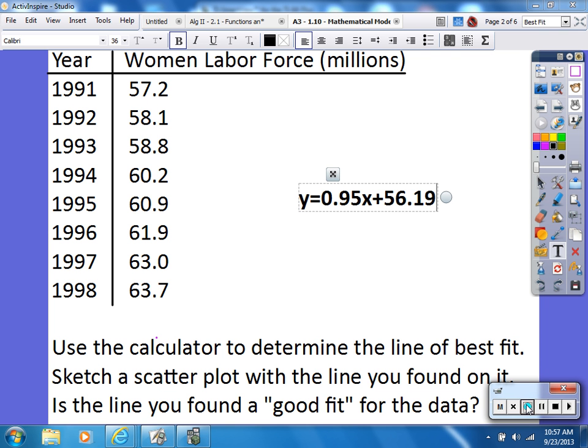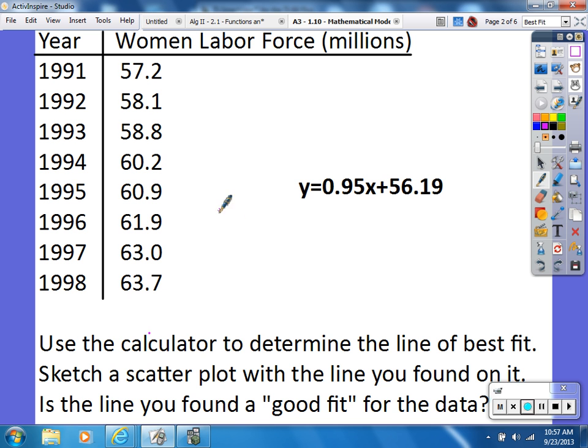All right, now the tough part, the slope. 0.95. Now, slope is what over what? Rise over run. Rise is what letter? Y. So we know this is y over x. So I'm going to rewrite this. Y over x.